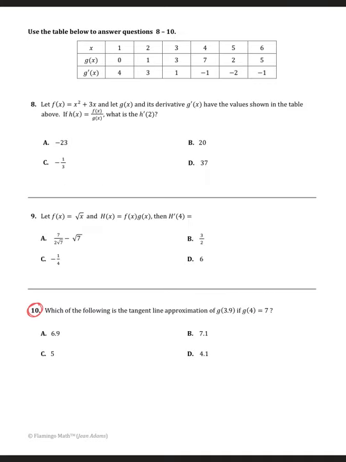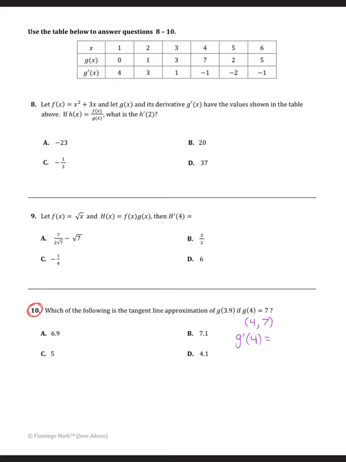The next one is number 10. Which of the following is the tangent line approximation of g of 3.9 if g of 4 is equal to 7? If you want a tangent line approximation, you need an equation of the tangent line. You are given your point, not 4, 4, it's 4, 7. Now you just need to find the slope, so you need g prime of 4.